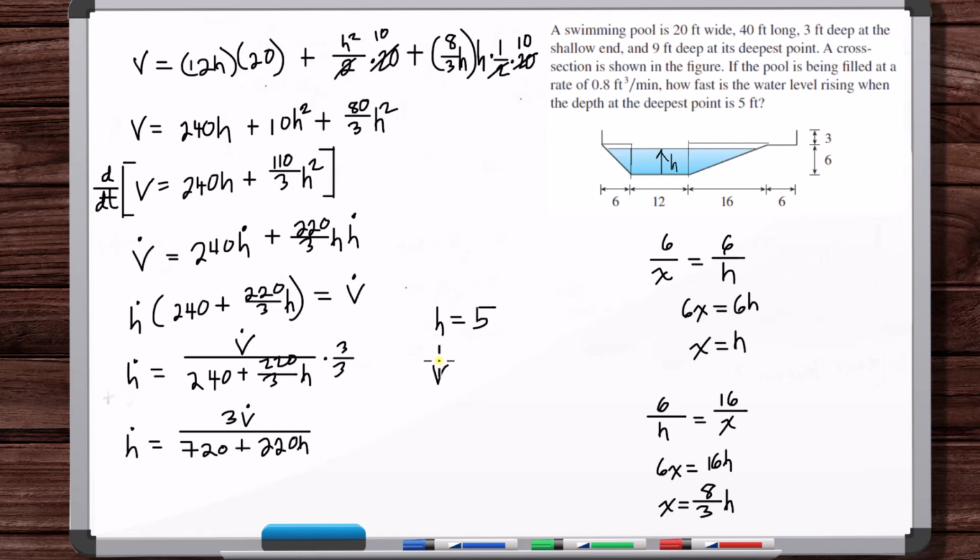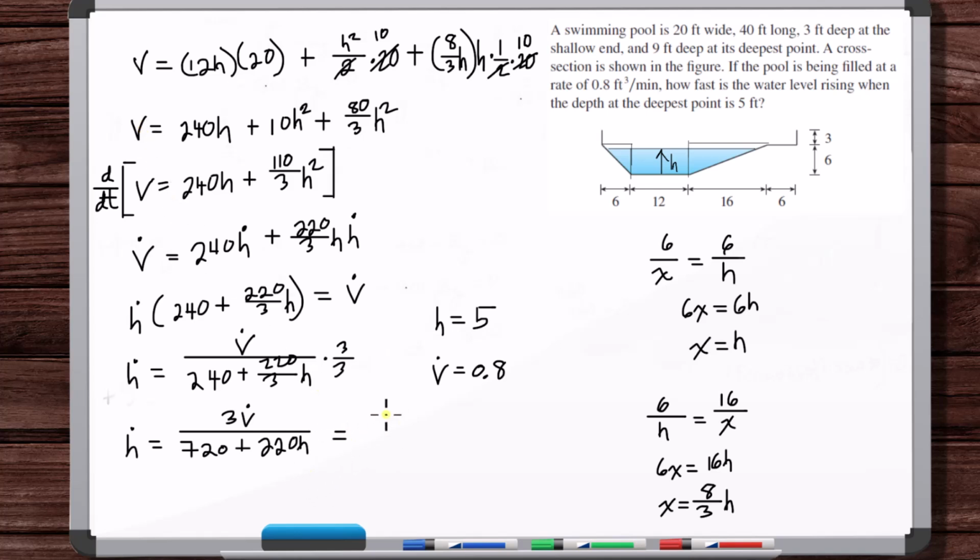What about V dot? V dot could be negative if you were pumping water out, but it tells us that the pool is being filled. So this is going to be positive 0.8.